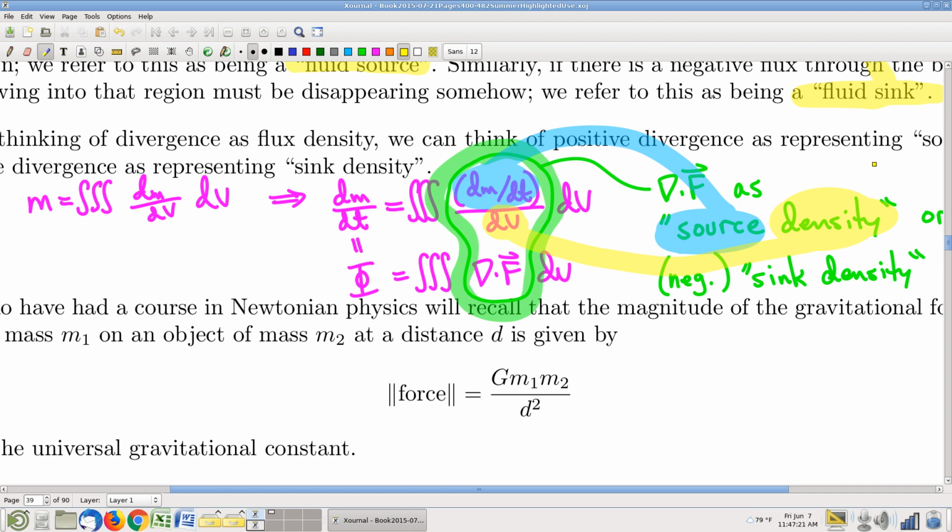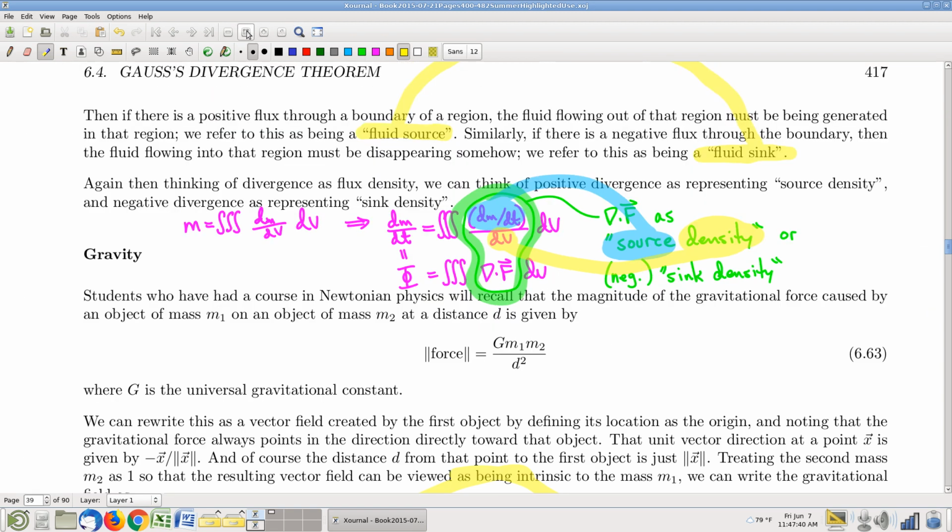Right, so grand total, over that entire region, the mass is coming from somewhere. Something's generating water. Well, how much of that water is coming from where? Divergence tells you. So, different interpretation. Which of these interpretations should you use, or should you use a combination of these? It depends on your physical scenario and the kind of fluid that you're dealing with.